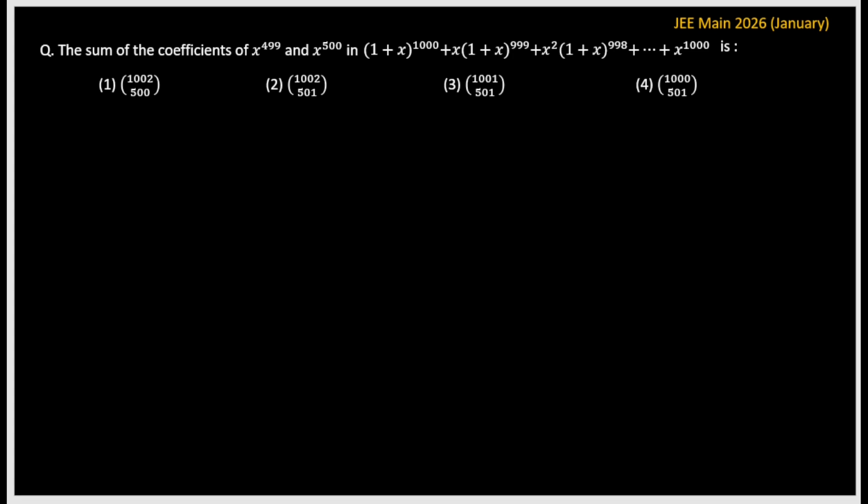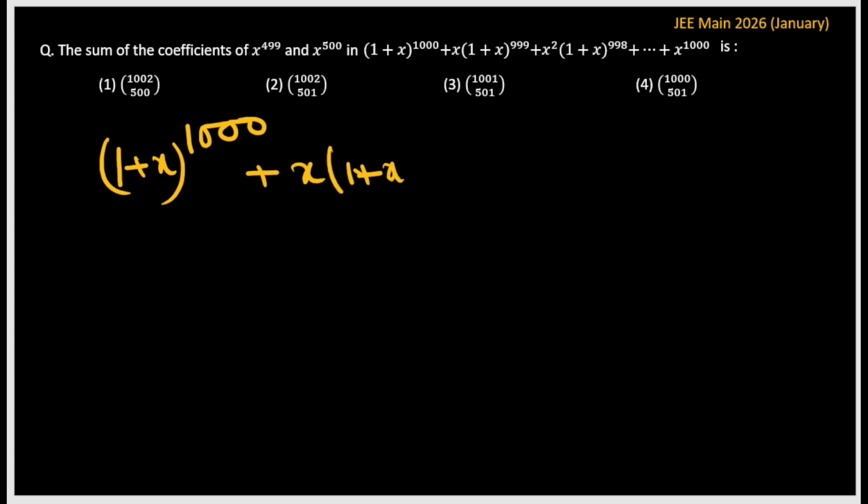First we observe the question carefully. It is given 1 plus x to the power 1000 plus x into (1 plus x) to the power 999, and so on, up to x to the power 1000.